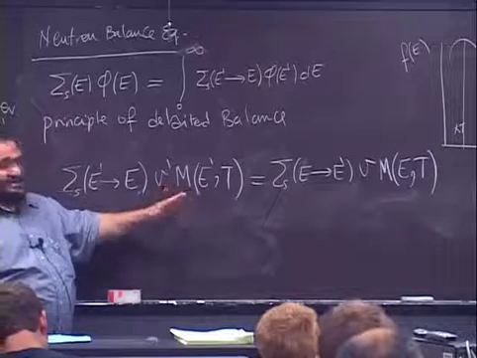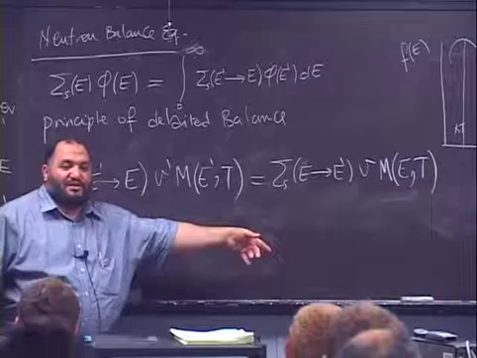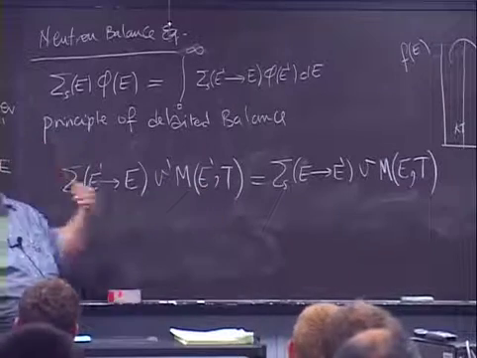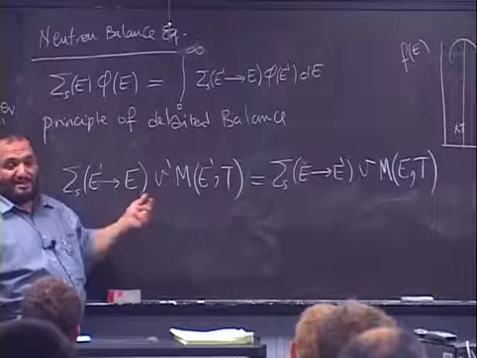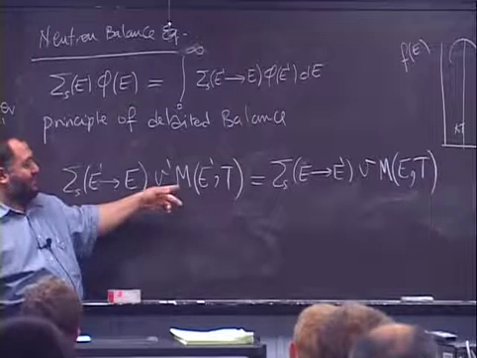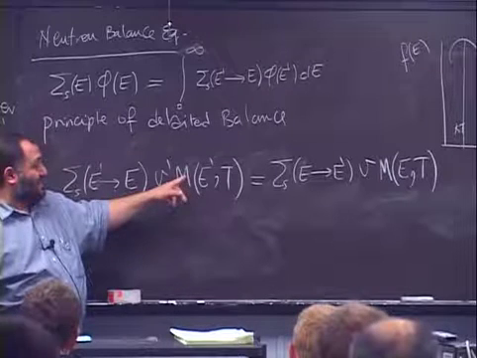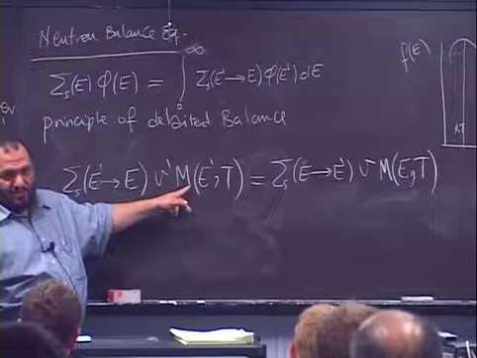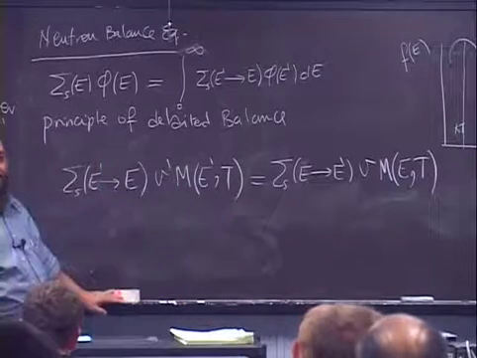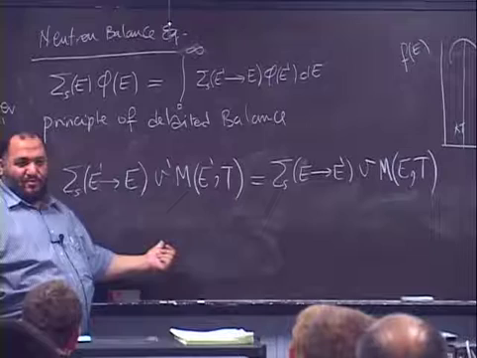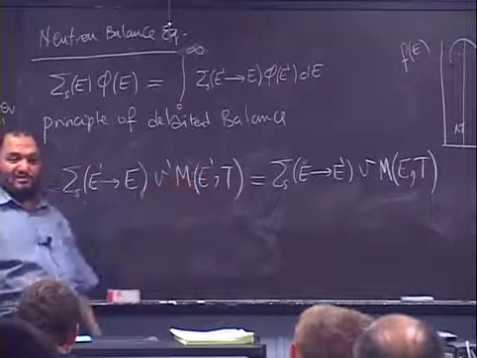It states that whatever is scattered into this energy bin is equal to whatever comes out. Whatever comes in is equal to what comes out. If you substitute the form of the Maxwellian distribution here, it will fulfill this principle of detailed balance. So substitute with M, I will give you the formula for M. You will notice that the right hand side is equal to the left hand side.